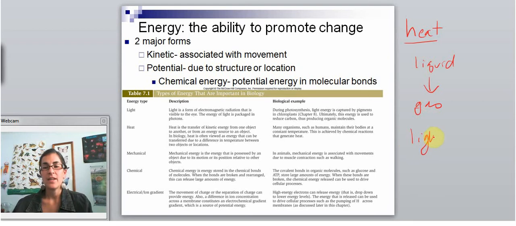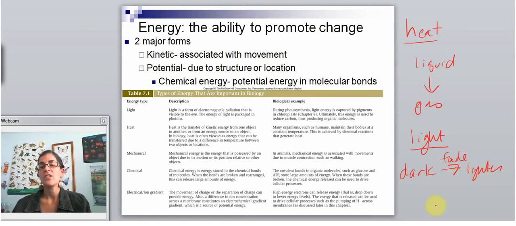Light is actually a form of energy. And to think about how light promotes change, think about how your dark curtains will eventually fade to a lighter color. And that's because there's things happening in the molecules of the fabric that are causing that fading to occur.